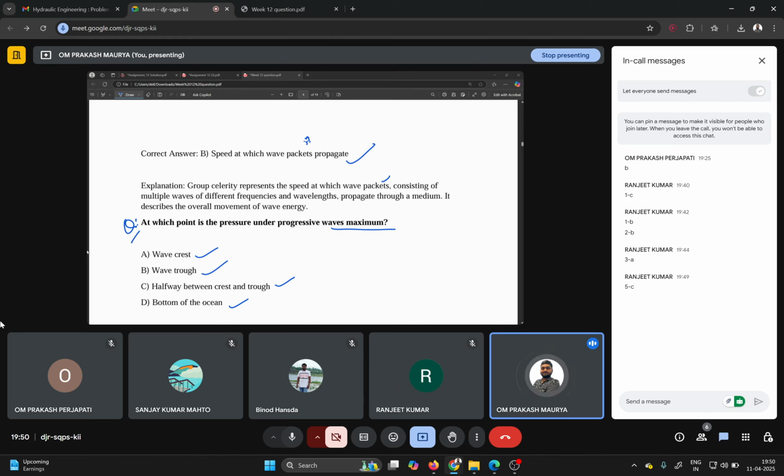Question is, at which point is the pressure under progressive wave maximum? We are talking about the pressure, maximum pressure.